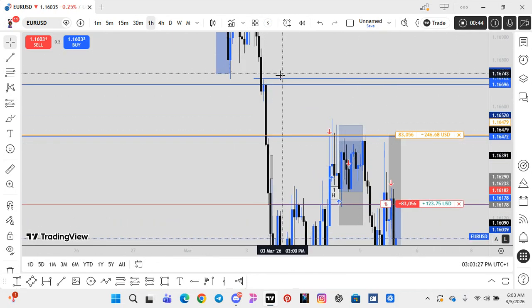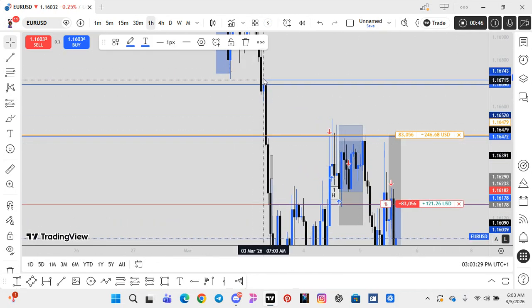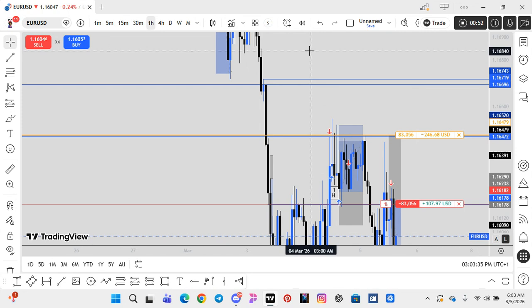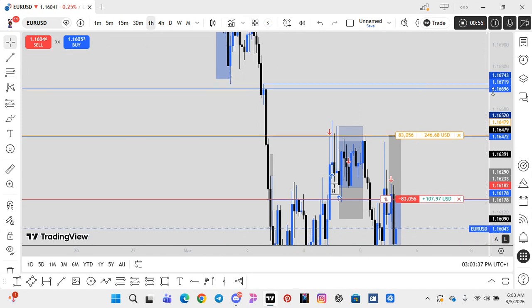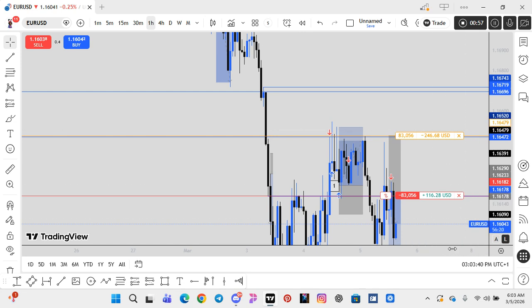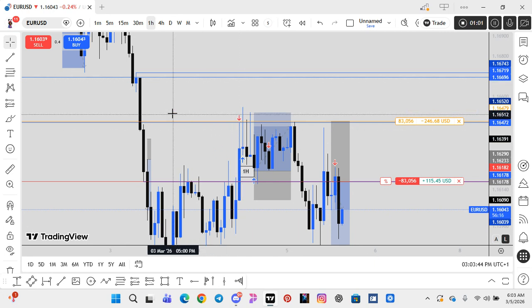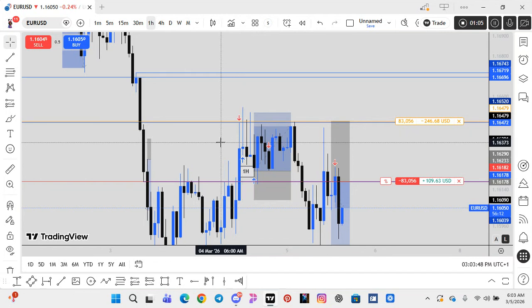This was the level I was looking to see price trade to, 16719. But price didn't actually trade into that level, so I was trying to short the first one.